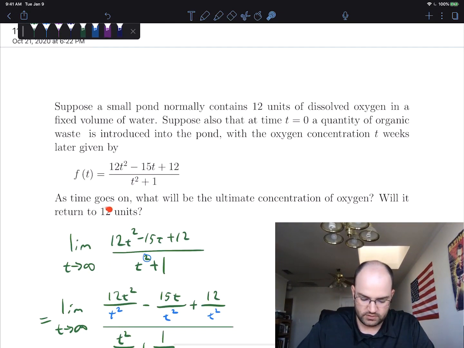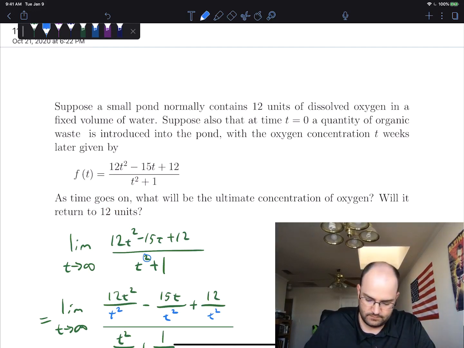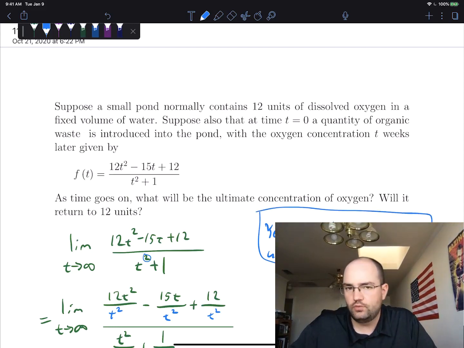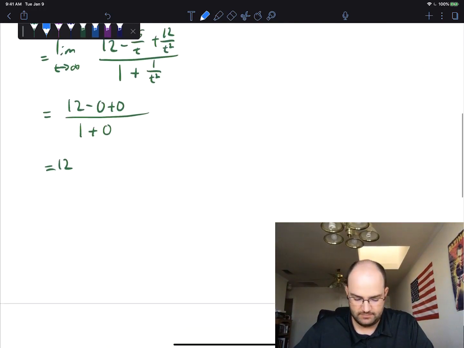Will it return to 12 units? Yes, it will return to 12 units. Now it may take some time, and technically no, because this is just a limit.